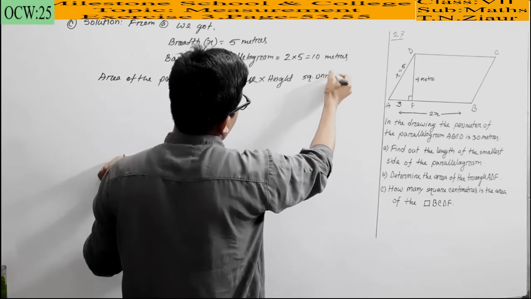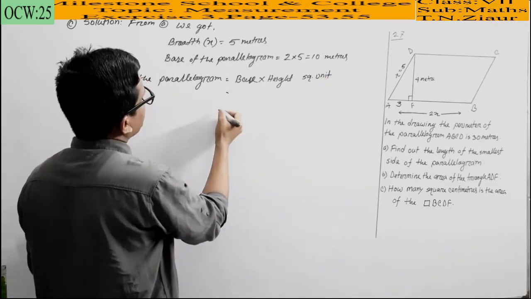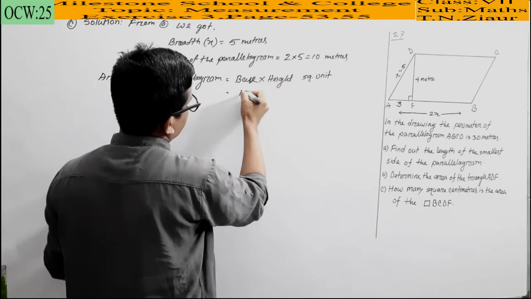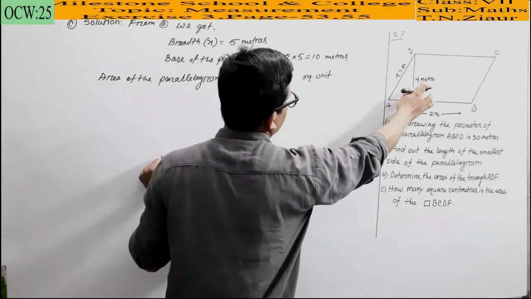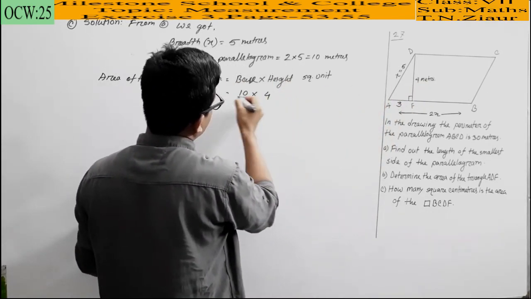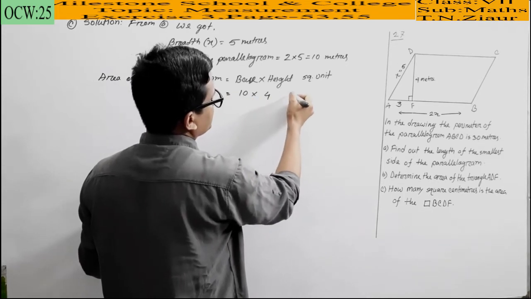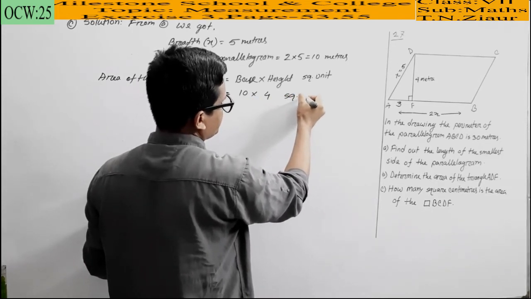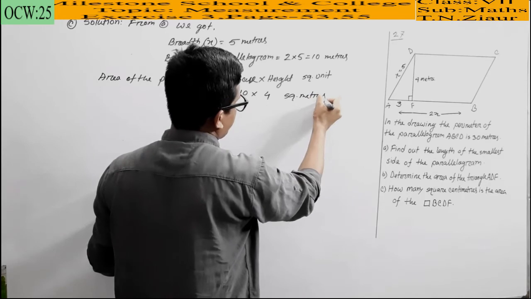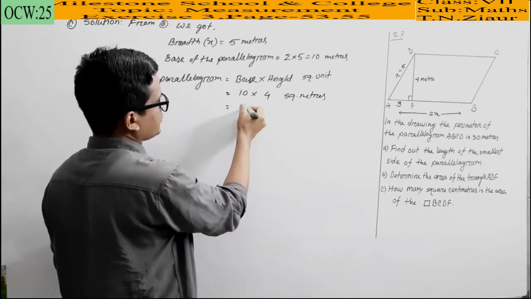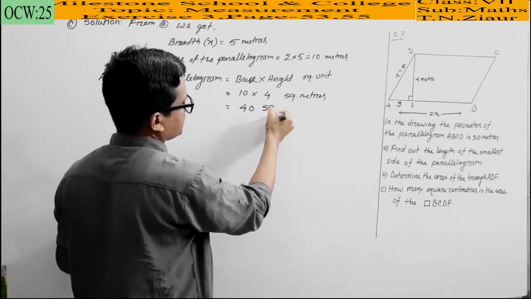Square unit. So what is the base here? Base is 10, so just write 10, and height is what? Height is 4. So what will be the square meter here? Students, now if you multiply, it will be 40 square meters.